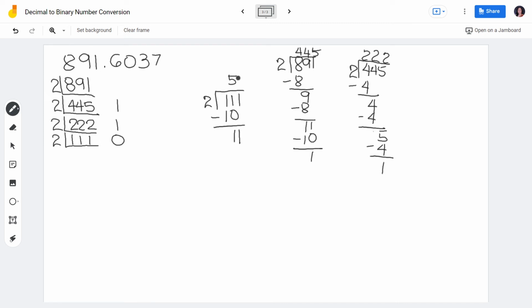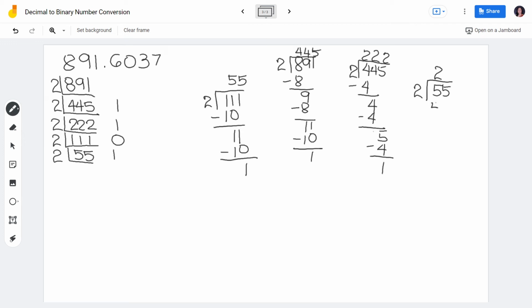Bring down 1. And then we have 11 again divided by 2 is 5, 5 times 2 is 10, 11 minus 10 is 1. So we have 55, remainder 1. Next is 55 divided by 2. 5 divided by 2 is 2.